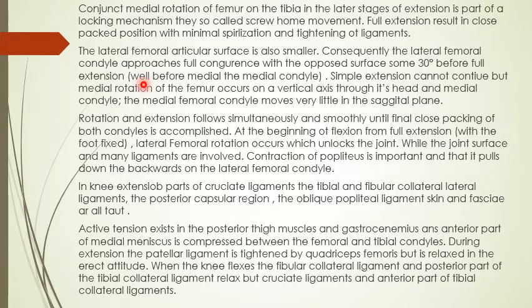So when 30 degrees of extension is left, the lateral condyles of the femur and tibia come into congruence and fit together. The lateral femoral condyle approaches full congruence with the tibial surface some 30 degrees before full extension, which means the lateral condyles fit together before completing the 180 degrees, at 150 degrees.